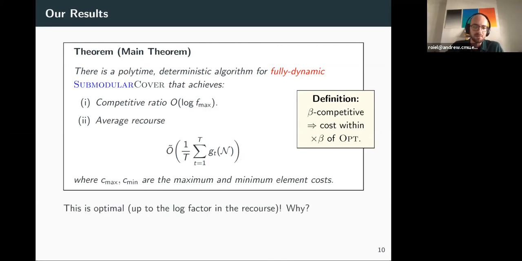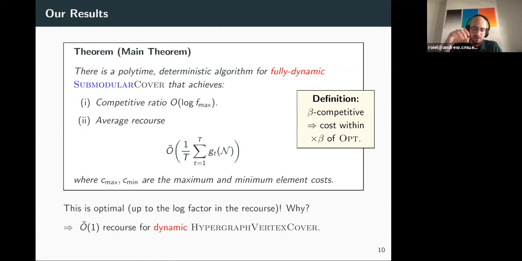So just to clean this up, let me get rid of the log term and use this O tilde notation to ignore it. And up to the tilde, I claim that this bound is the best you could possibly hope for in general. So why is this? Well, in the case of the hypergraph vertex cover, recall each of these GTs, these constituent functions, were indicator functions.